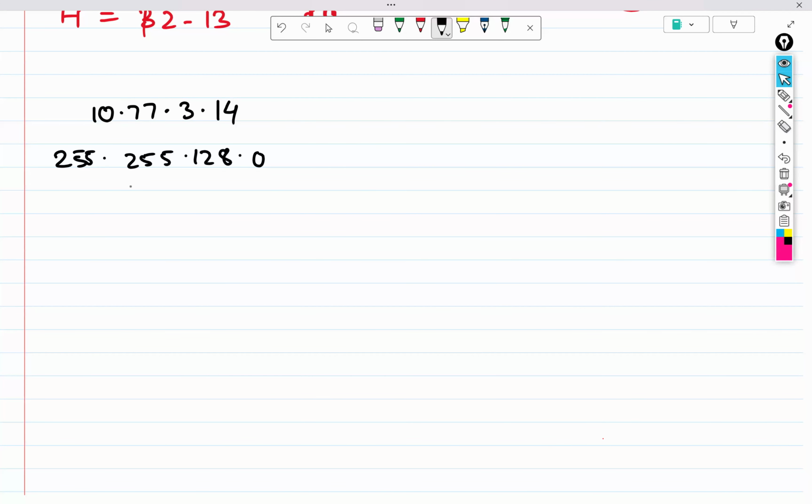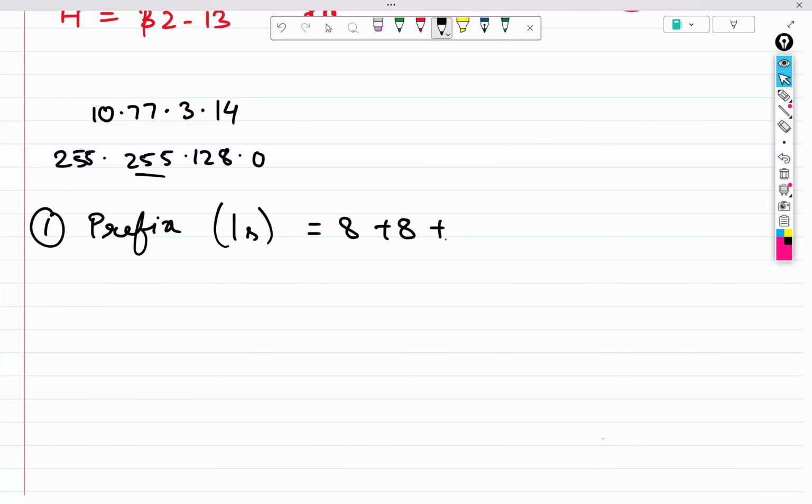Now, first, let's calculate the number of ones. First, the prefix length, basically the number of ones in the address mask. So you have 255, meaning 8 ones, plus 255, you have 8 ones, plus 128, that is 1. Just 1. So you have 17. Basically, this is a /17 address mask. Okay. The next.